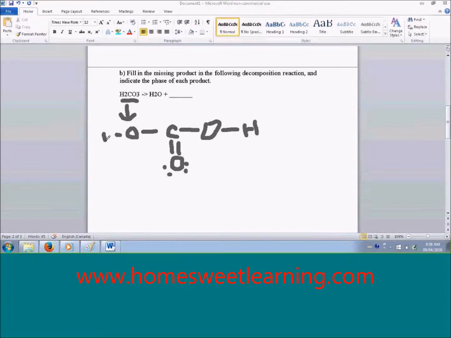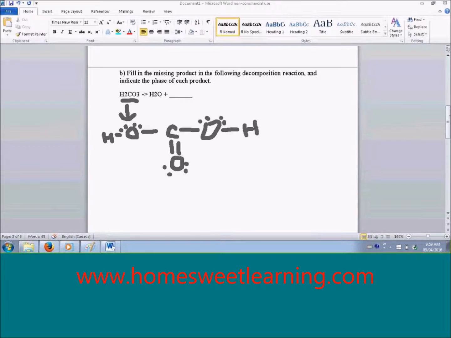So this is your Lewis structure. And don't forget to put the electrons. You always have to fulfill the octet rule.